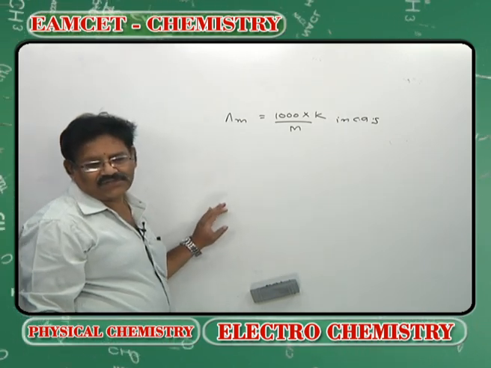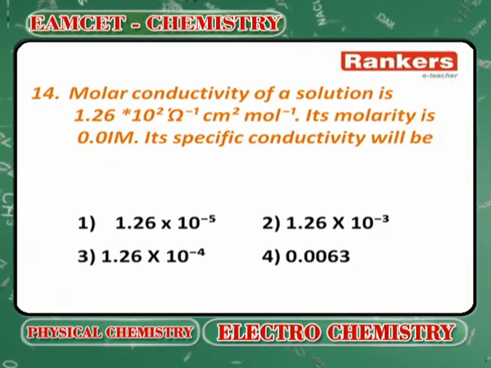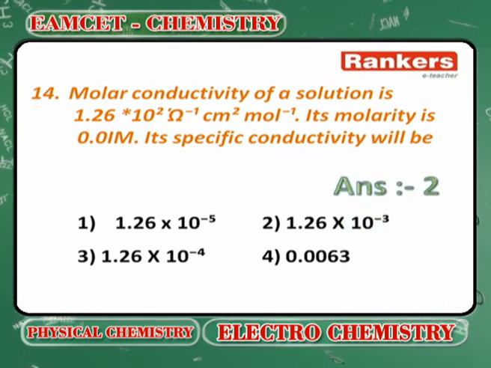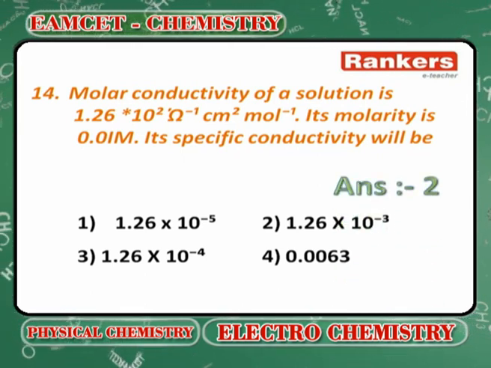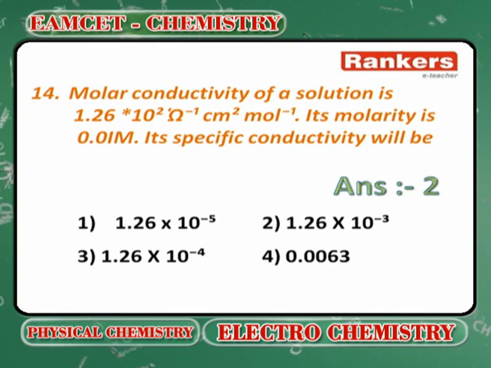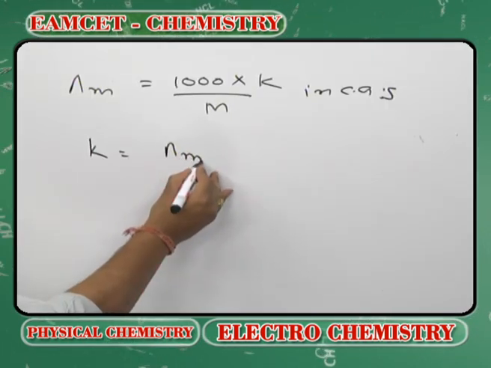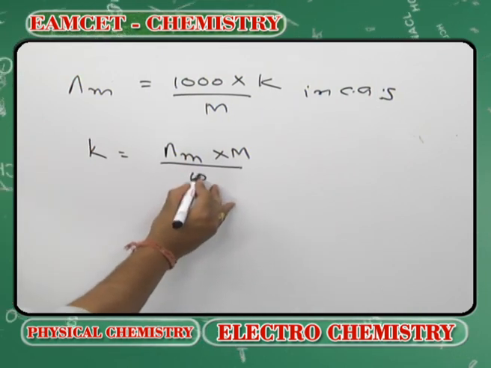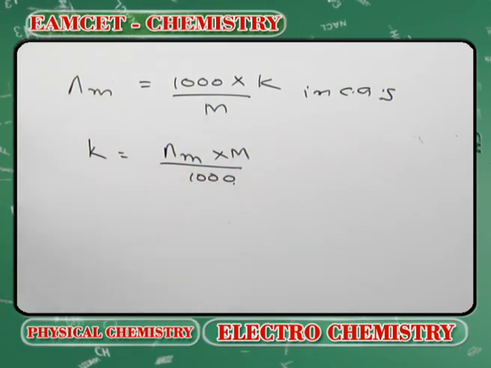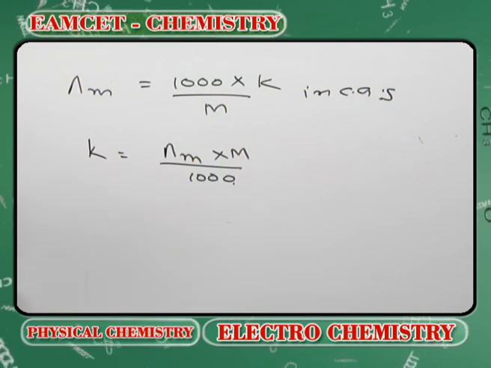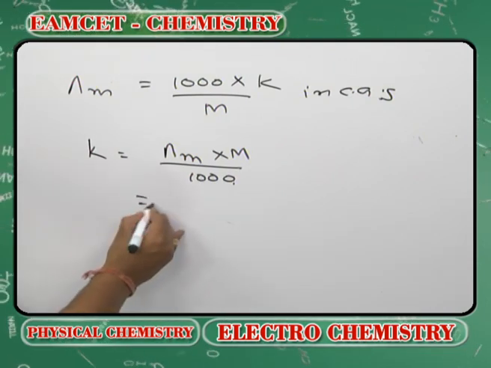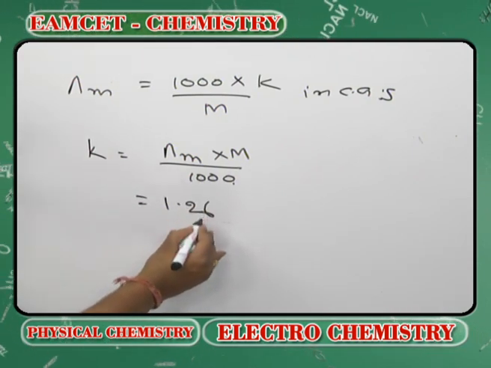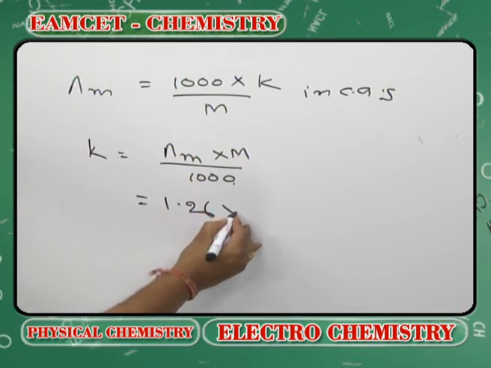Now what is the question? We have to find the specific conductivity. Specific conductivity is equal to molar conductivity into molarity by 1000. Molar conductivity is 1.26 into 10 squared.